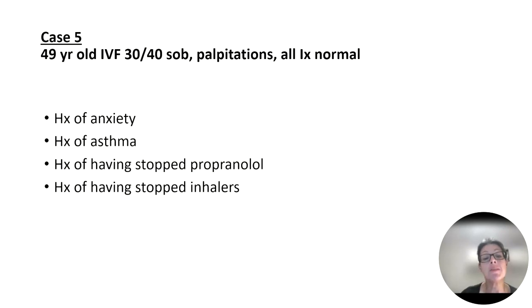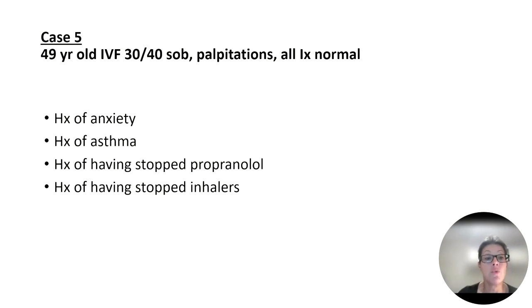As the months progressed, in addition to the physiological changes in her pregnancy, the effect of anxiety and not being on propranolol made the palpitations worse, and her asthma had got worse.